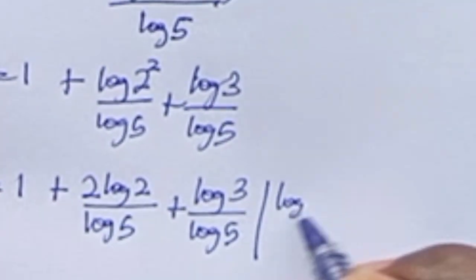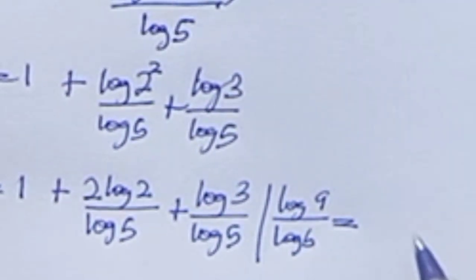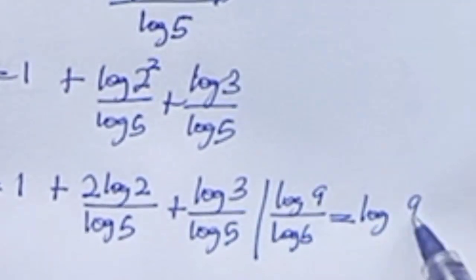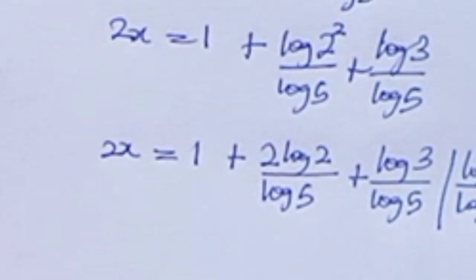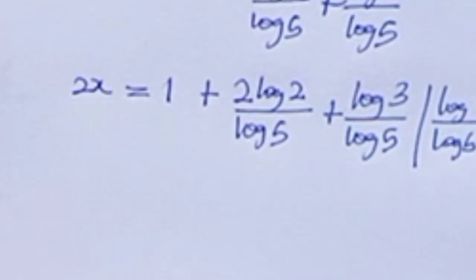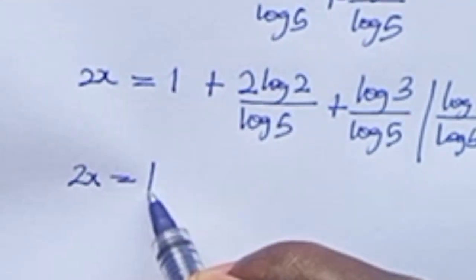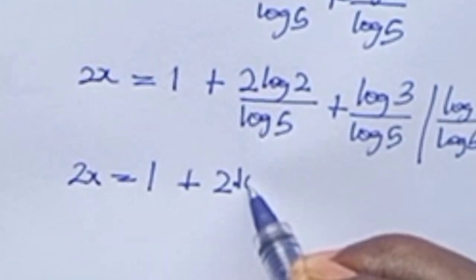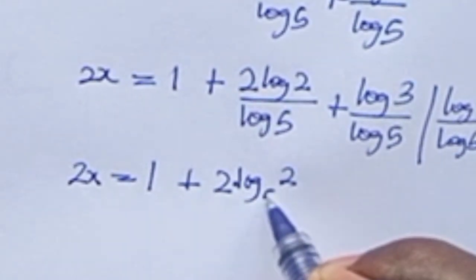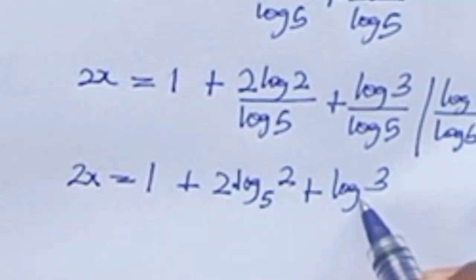But log a over log b is represented as log a base b. So the next line, we have 2x equals 1 plus 2 log 2 base 5 plus log 3 base 5.